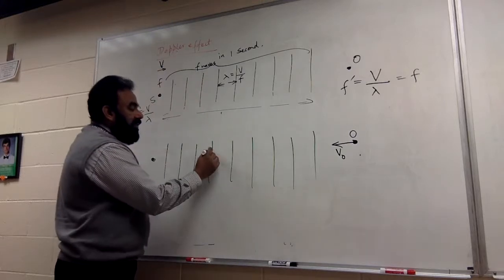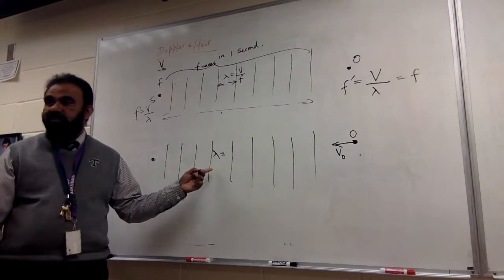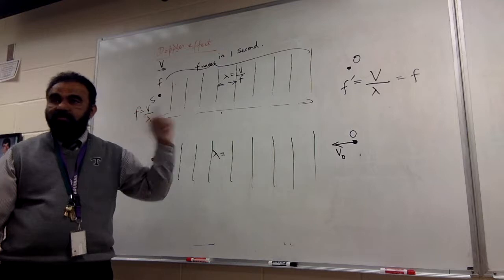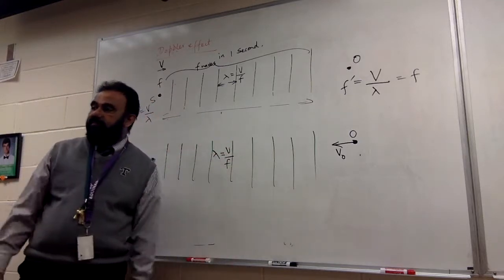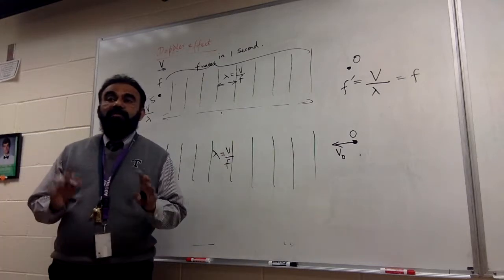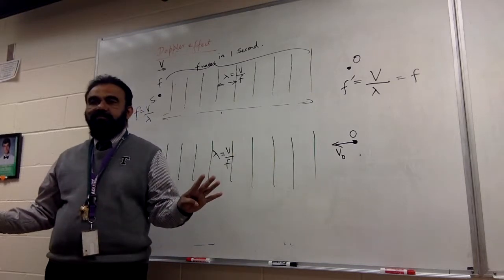What do you know about the wavelength? Is this wavelength affected by the observer? Not at all. The wavelength is not affected, it's still V over F. So what you understand from here is, the observer's movement is not going to bother the wavelength.